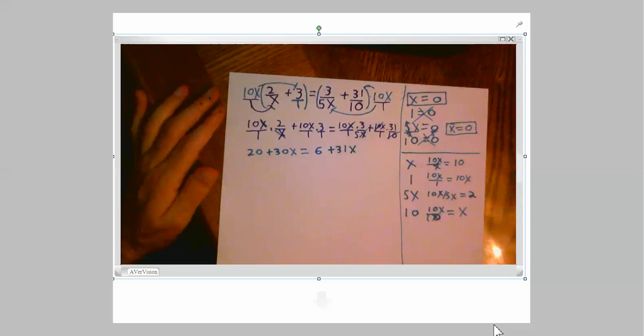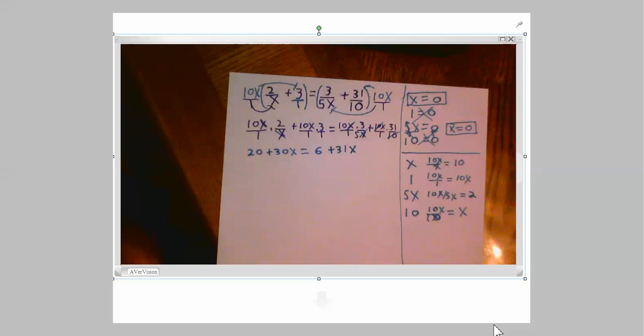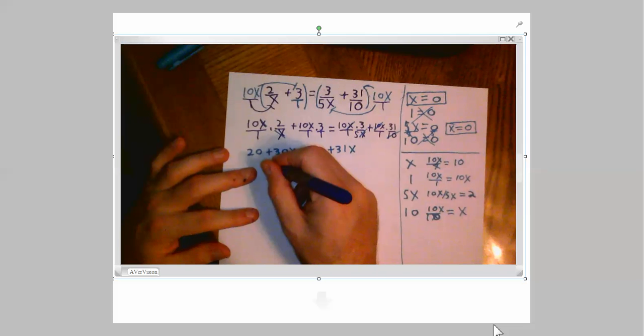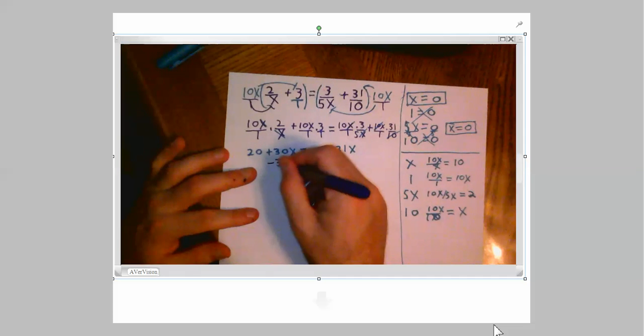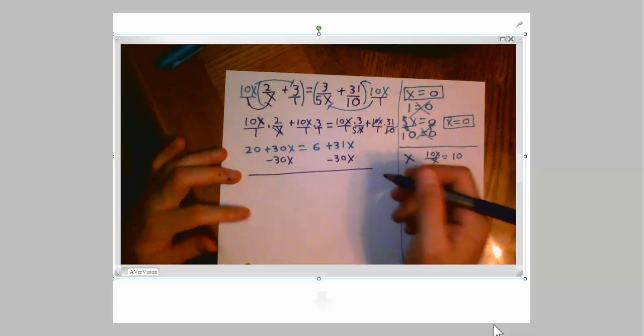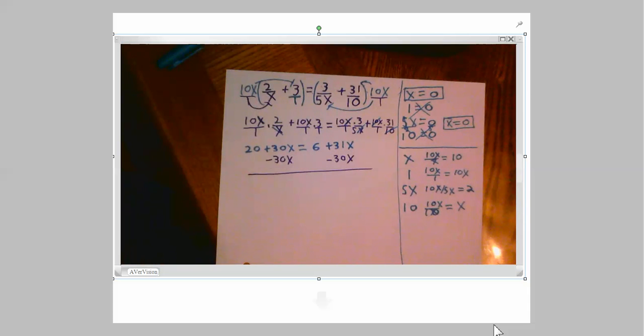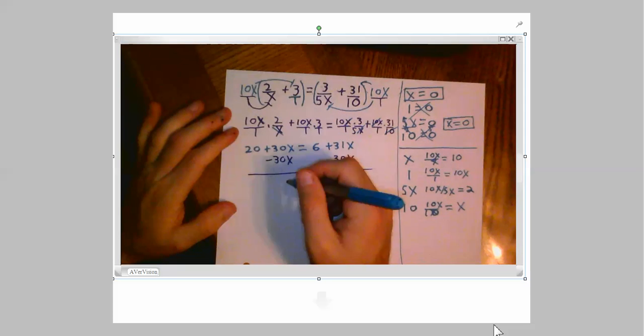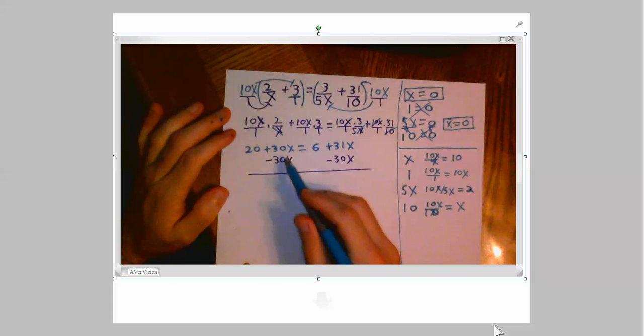Okay, now it's a problem like we had before, and what I'm going to do is get all the x's to one side, so I'm going to subtract 30x from each side. The reason I'm doing that is because if I subtract 30x from this side, 30x minus 30x is 0, so I get rid of all the x's on this side.